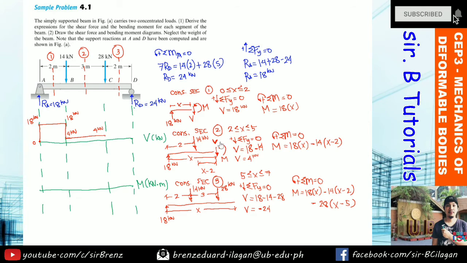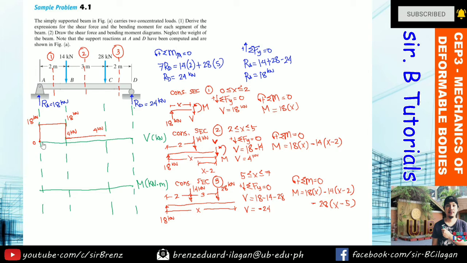So that is 4 kilonewton. And then next, for the distance of 5 hanggang 7, so again, 5, as you can see here, at the distance of 5, meron ka ulit concentrated load. So magkakaroon ka ulit ng dalawang value for the shear at this point. So meron kang tinatawag na shear left and shear right kapag may concentrated load. So coming from 4, meron ka daw ulit some value which is negative 24.